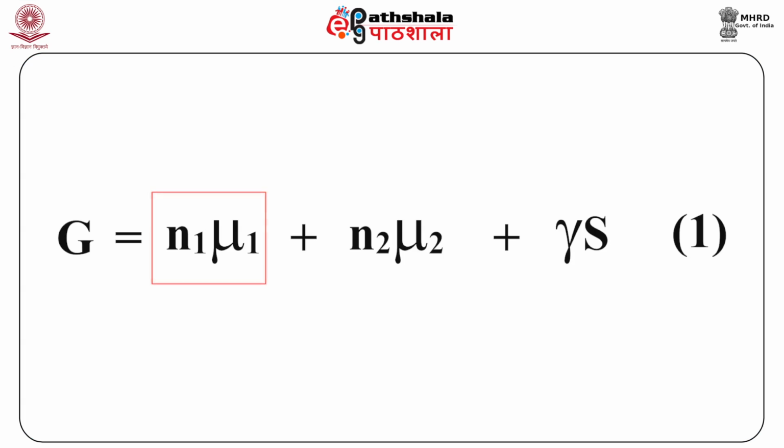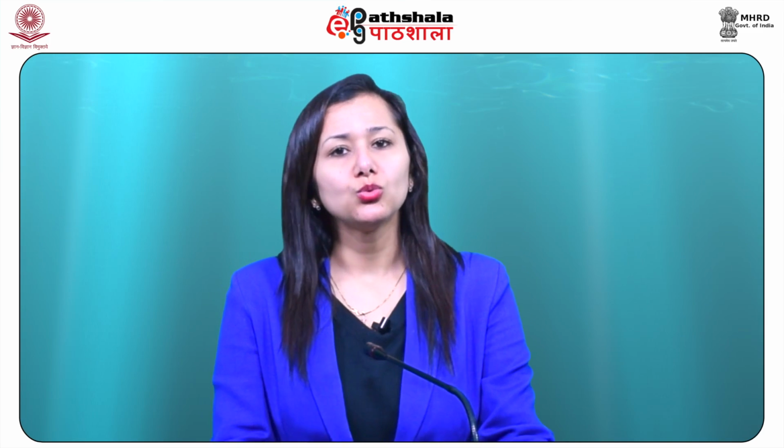For a system consisting of a solvent N1 and a solute N2, that is, for a two-component system, the Gibbs energy will be given by equation 1 as G equals N1 mu1 plus N2 mu2 plus gamma S, where mu1 and mu2 are the respective chemical potentials of the two components, S is the surface area and gamma is the surface energy per unit area. Gamma into S is the contribution due to the surface free energy towards the Gibbs free energy of the system.